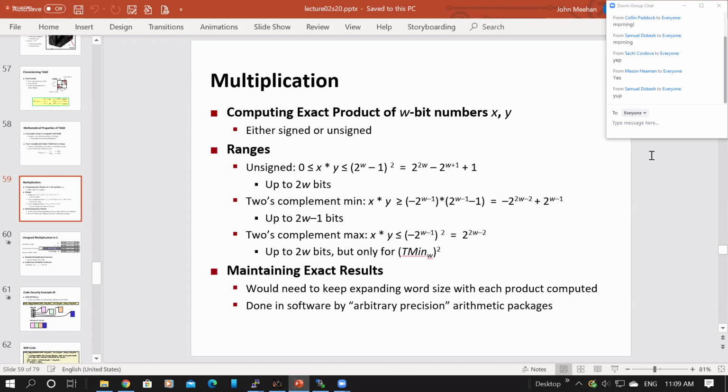So we looked yesterday at doing addition on the computer, both of unsigned values and signed values. And we noted that the addition that we do on the computer is not really the same as adding integers in the mathematical sense, right? Because we have this limited amount of precision.